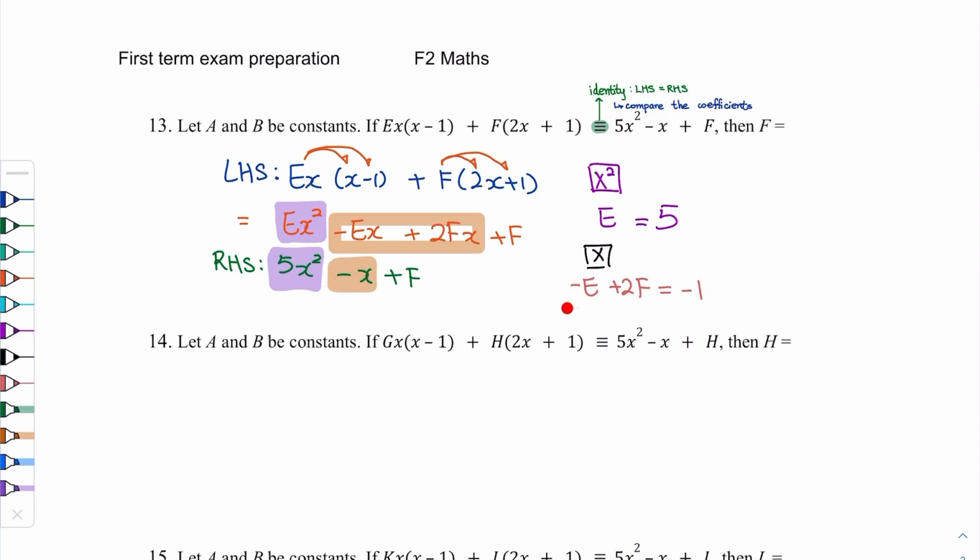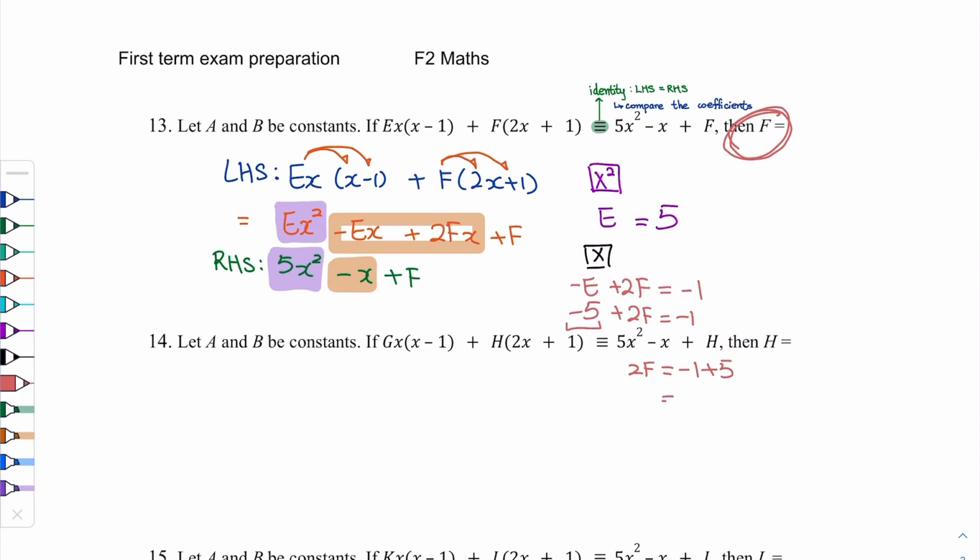Now here, do you know any of the values? Yes, we do. Look at this one. e is 5, so -5 plus 2f equals -1. But we have to find f in the question, right? So what do we do now? This -5 here is negative. If you move to the other side, it becomes positive.